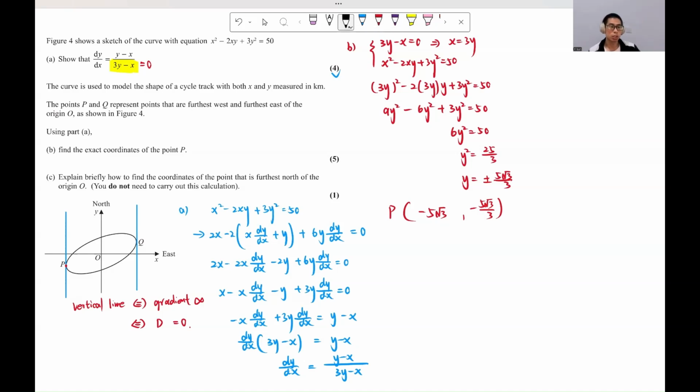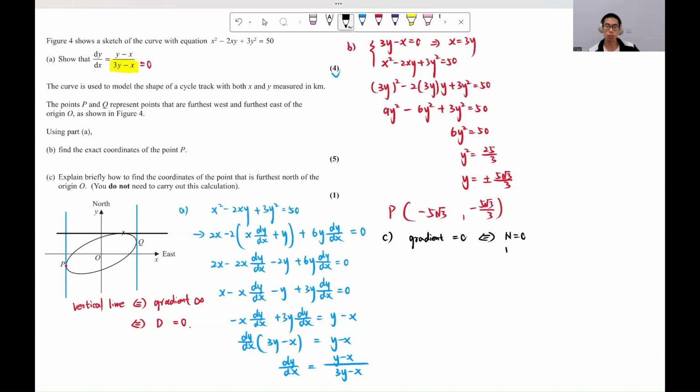And then for part C, explain briefly how to find the coordinates of the point that is furthest north of the origin. So furthest north would be somewhere here, which means the tangent should be a horizontal line. So a horizontal line as a tangent means the gradient is equal to 0, which means the numerator should be equal to 0.